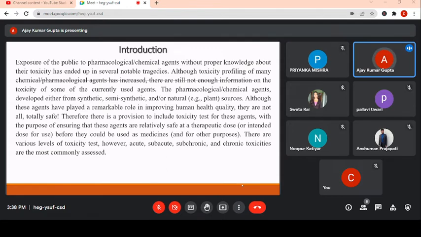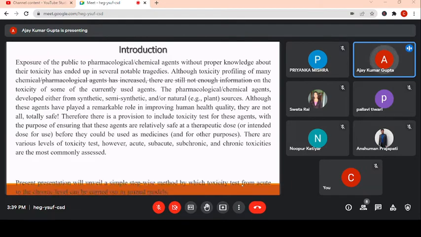However, acute, subacute, subchronic, and chronic toxicity are the most commonly assessed. With this brief introduction, the importance of this particular topic in your syllabus, which I am going to present today, might be very clear.